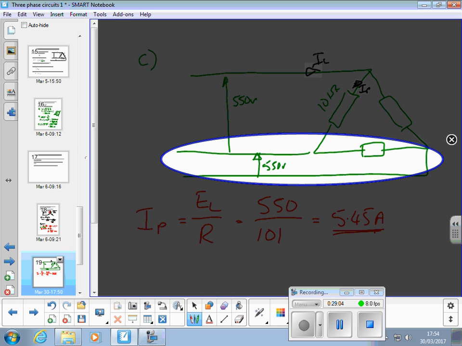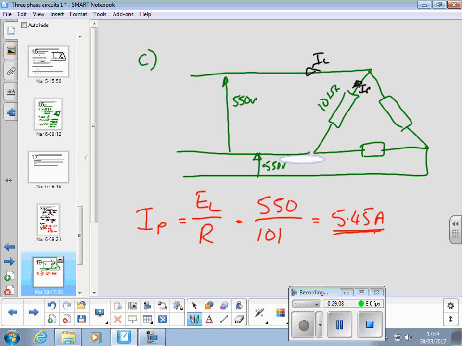But that current's being produced by these two lines connected as a complicated system delta, because that line is sending some current down that load and some current down that load, and that's constantly changing, remember, it's AC, and they're not in phase with each other.